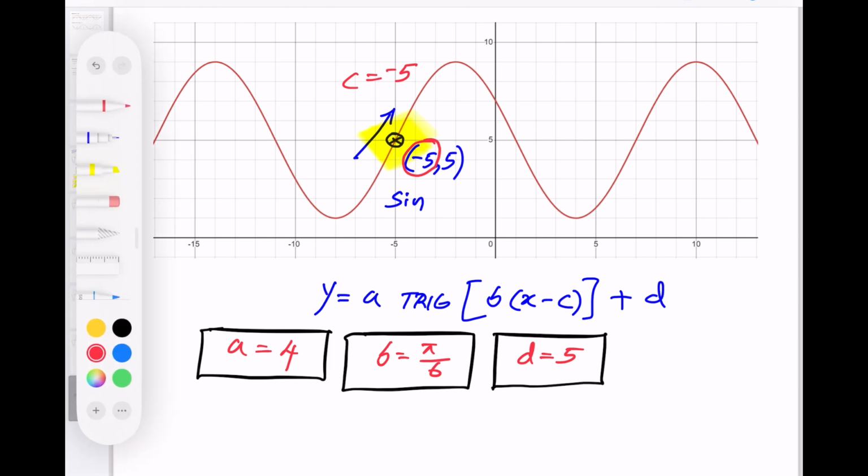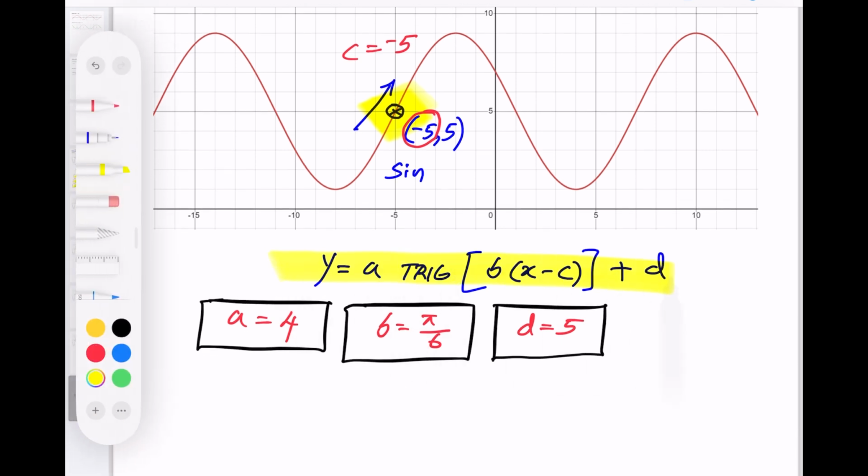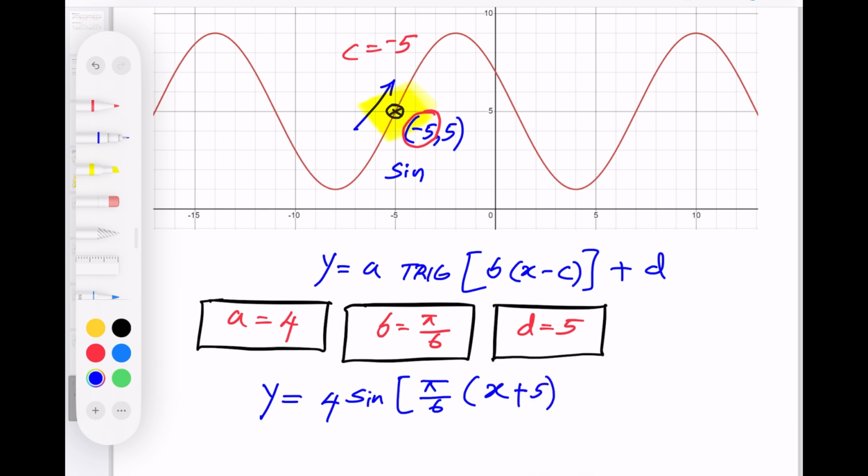Alright, now we will write down the equation. Once again, here's the generic equation. I just need to substitute those values. The equation will be y equals a, which is equal to 4, and the trig function is a positive sine function. Therefore, I will write sine, open brackets, b is equal to pi over 6, open parenthesis, x minus c, x minus negative 5, which becomes x plus 5, close parenthesis, close brackets, plus d. d is equal to 5.